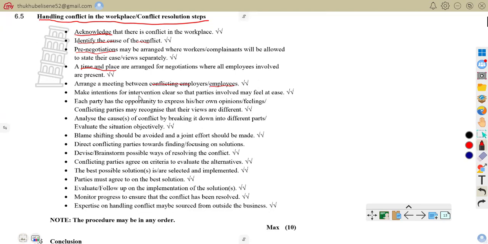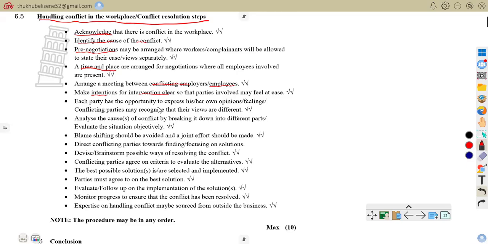Make intentions for intervention clear so that the parties involved may feel at ease. They are not going to freeze.